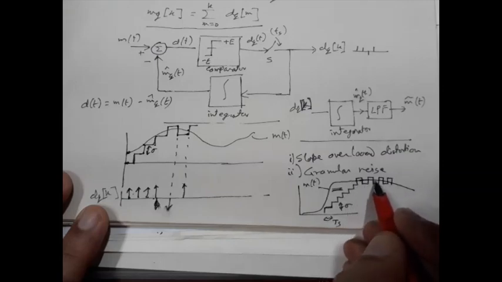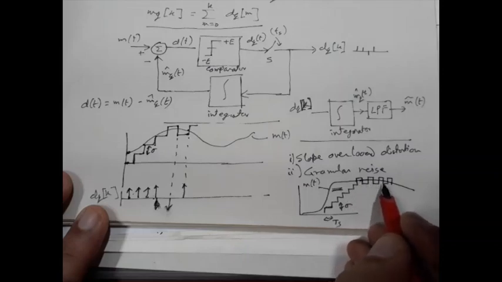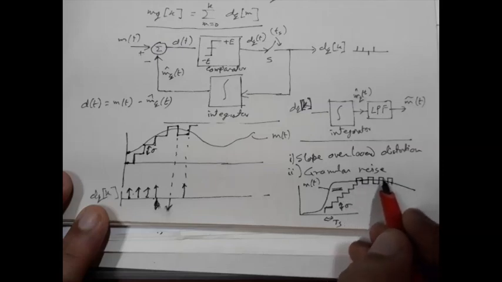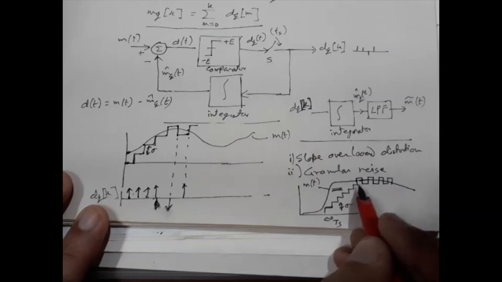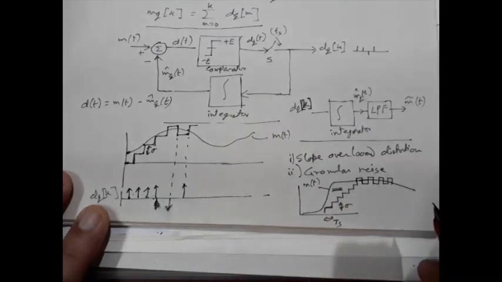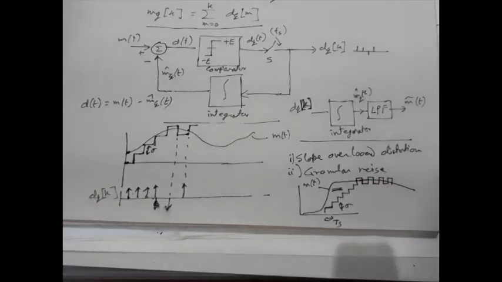That means the signal is almost stable, but the output is moving continuously. It is just like quantization noise in a PCM system. That will produce some noise, and this noise is called the granular noise for delta modulation. So these are the two drawbacks of delta modulation.